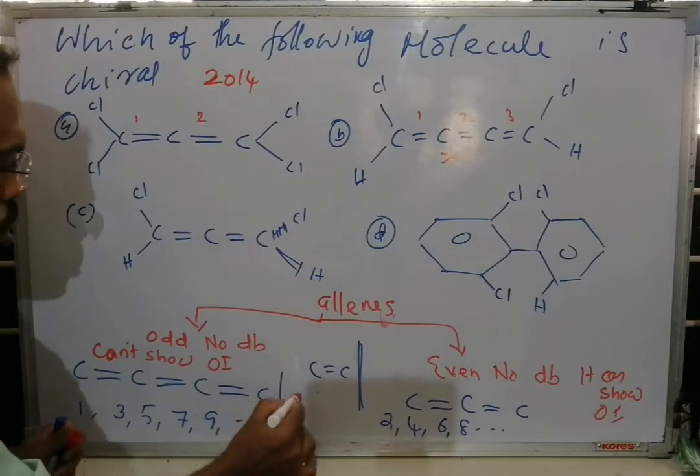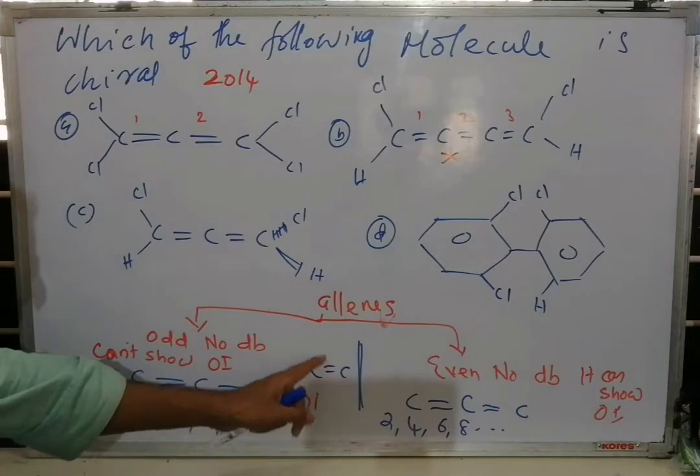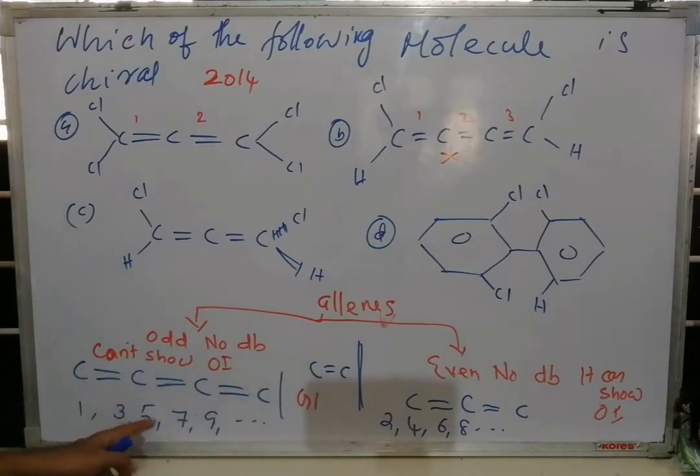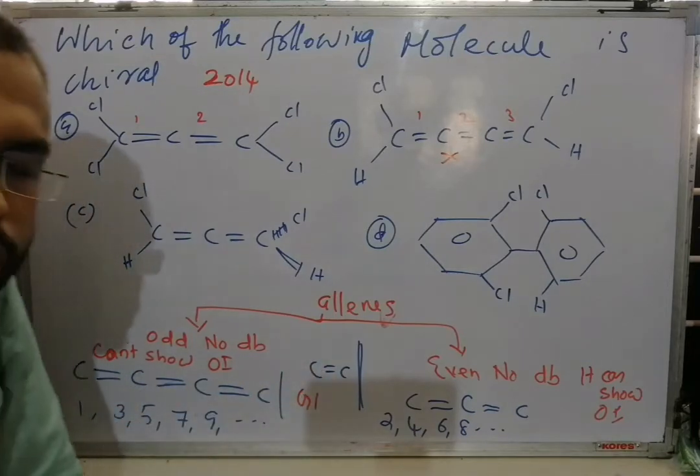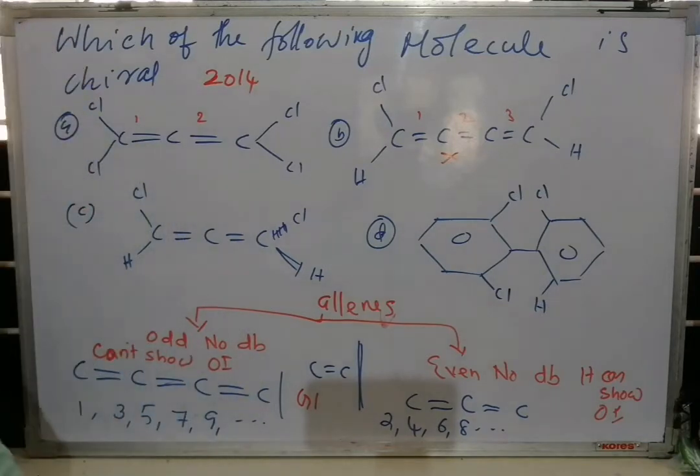One double bond shows geometrical isomerism, not optical isomerism. One double bond, that is cis and trans isomer; 1, 3, 5, 7 show geometrical isomerism. Remember my students, one double bond allene shows geometrical isomerism.